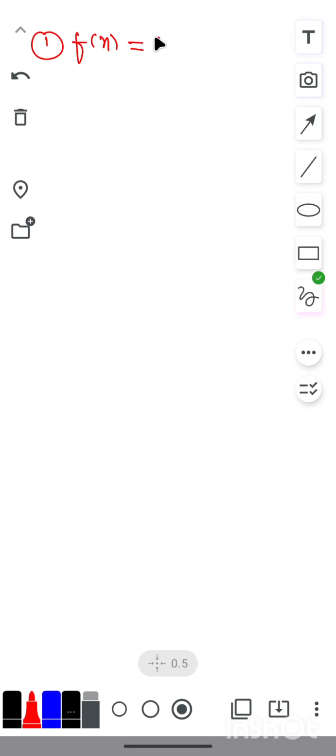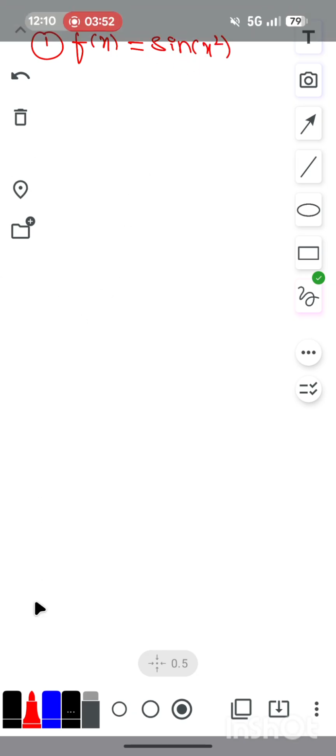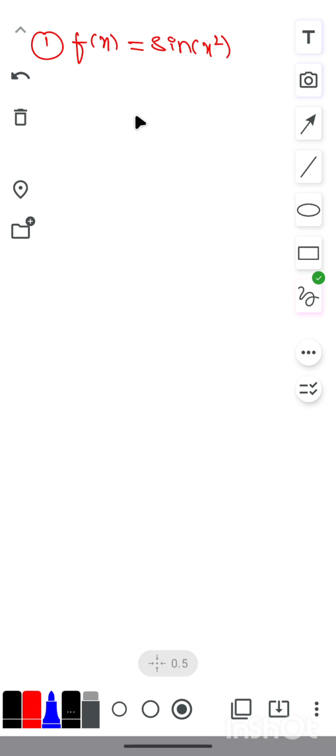Now to find the derivative of this function, you can observe here a trigonometry function sine is having a polynomial function in its body. So you can consider the first function as sine theta, and the second function is x square. We all know the derivative of a given function f of x with respect to x is denoted by f dash of x. We are differentiating on both sides.